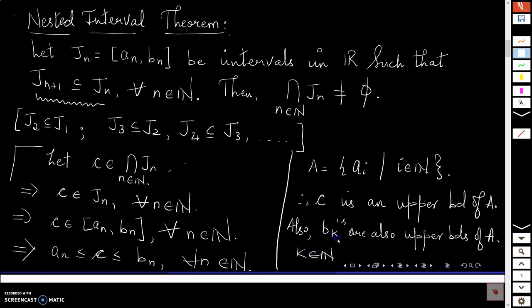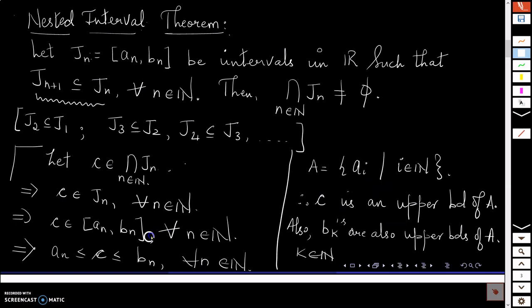Okay, I've just picked up the notation k here. So there are upper bounds bk's now, and C is also an upper bound of the set A. And there are lots of upper bounds, in fact infinitely many upper bounds bk's, which are bigger than C. So that gives me a hint somewhere that C must be a least upper bound of the set A.